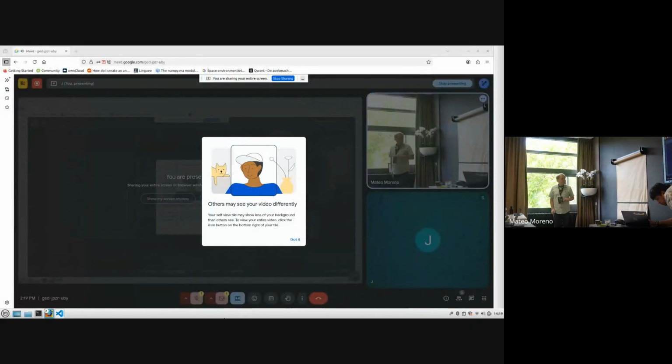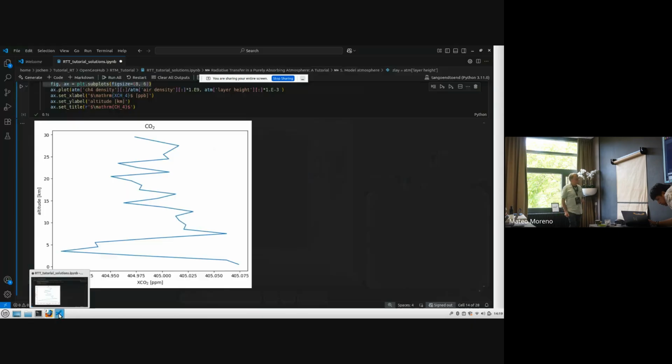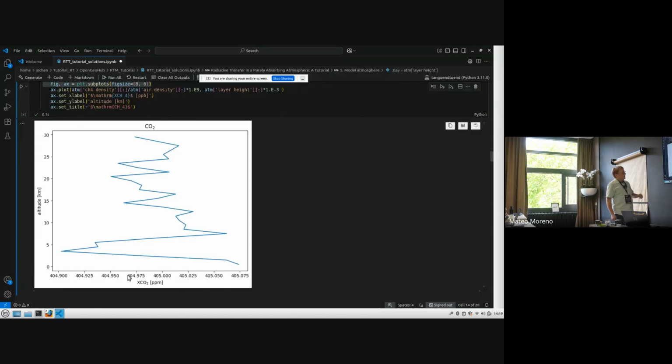That's what I did here. I already divided by the air density and multiplied with 10 to the minus 6 for CO2, and 10 to the minus 9 for methane. That is called ppb, parts per billion.